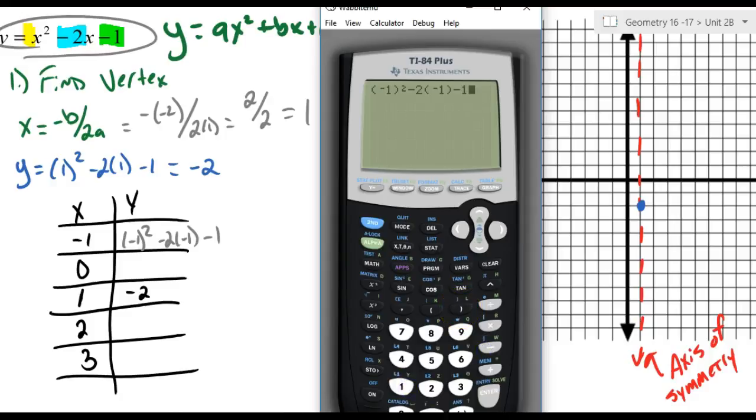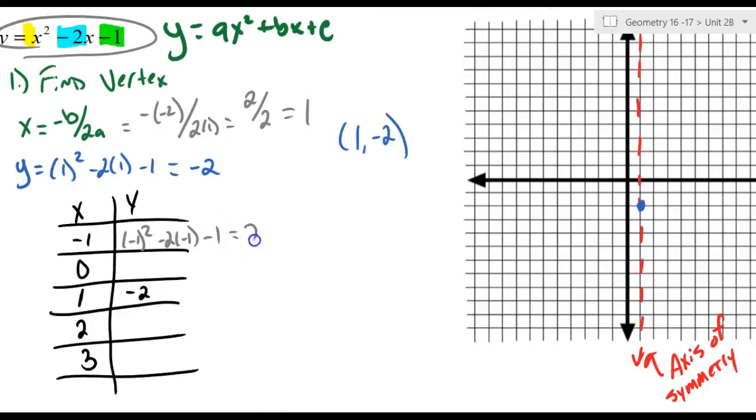Now notice that I put in parentheses every value I plugged in, negative 1, and it tells me it's going to give me a value of 2.